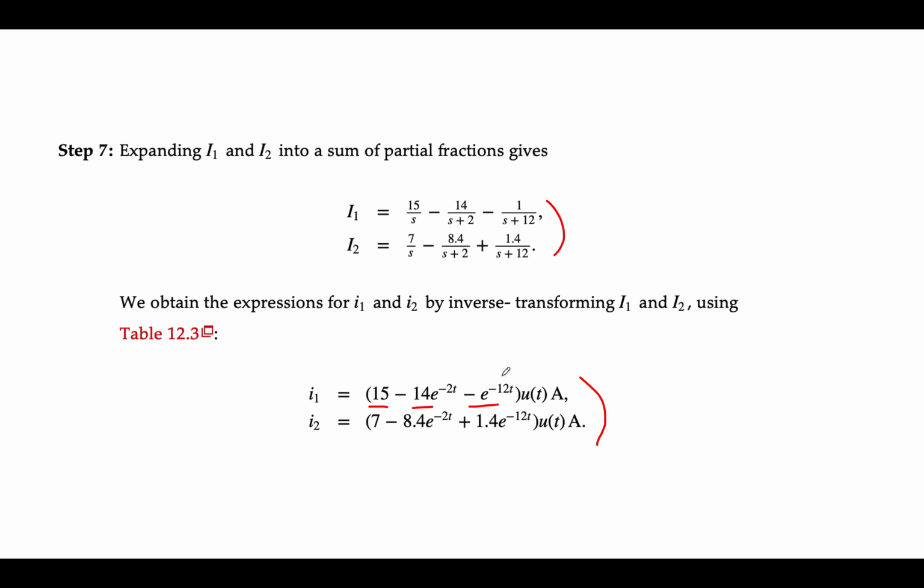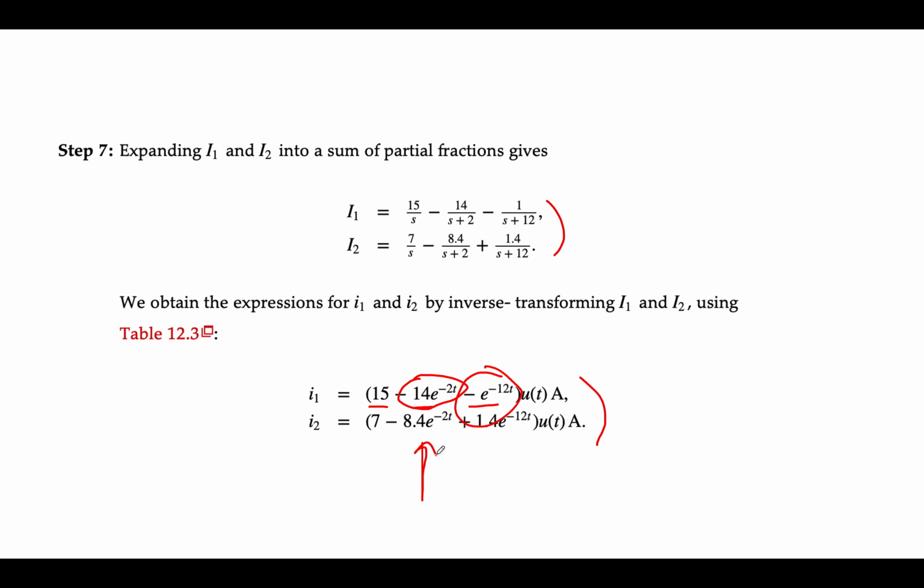So this e to the minus 12t, you can see that in a very small amount of t, this term becomes very small and doesn't contribute as much. On the other hand, it takes this one 6 times as long to decay away. So this is probably the dominant term as far as how the function looks in the time domain.